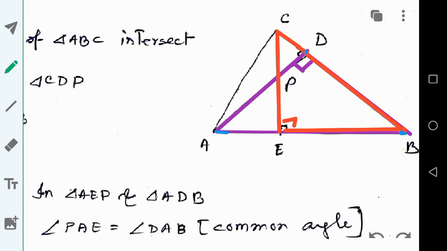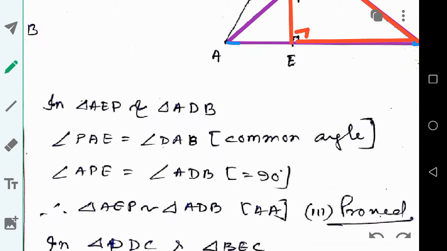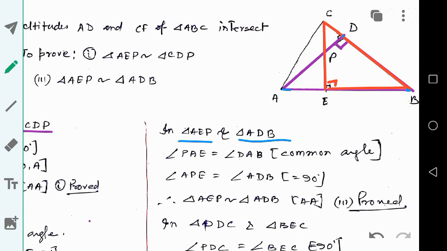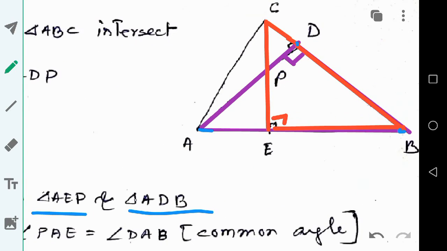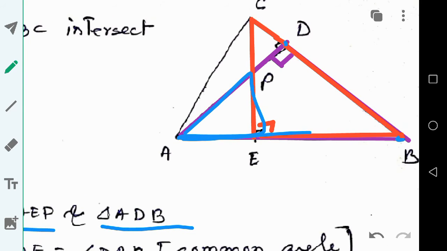Now in the next one we need to prove AEP and ABD similar. First take the two triangles: AEP, this is AEP, and ABD is this one, the larger one.